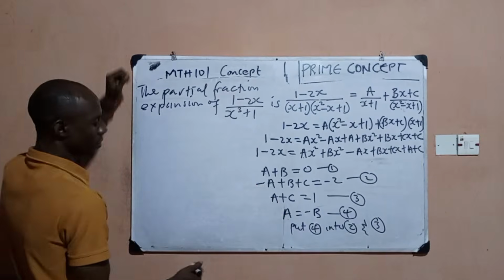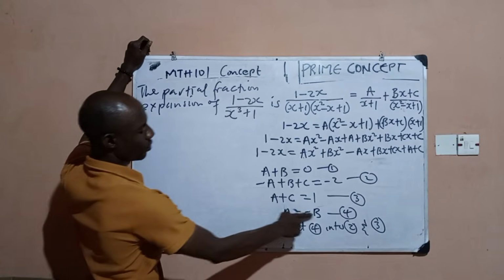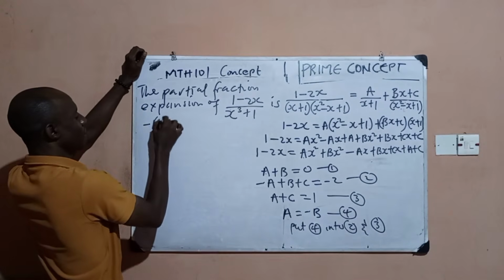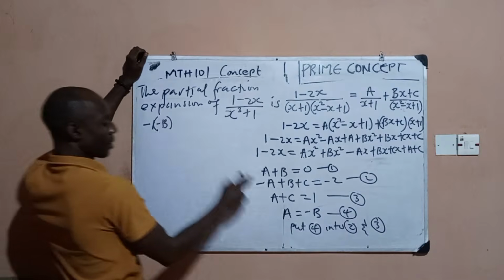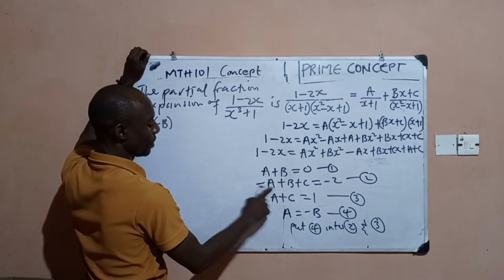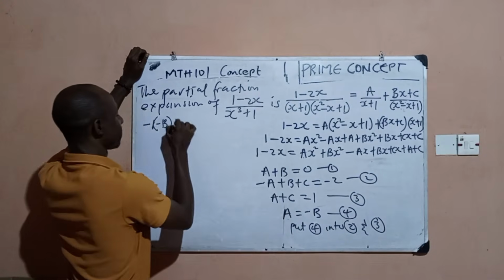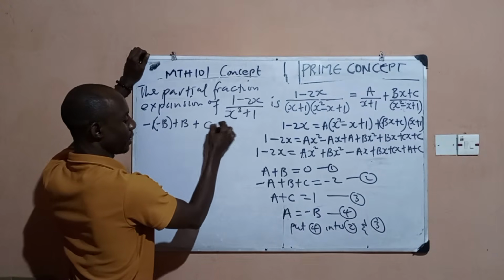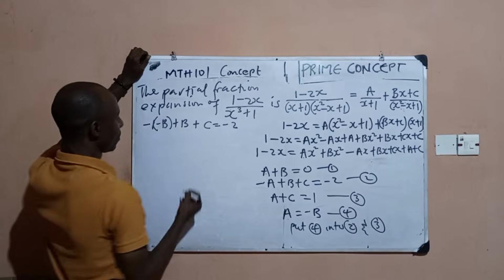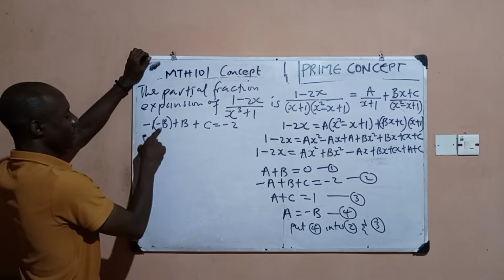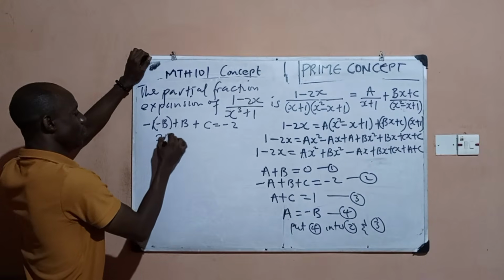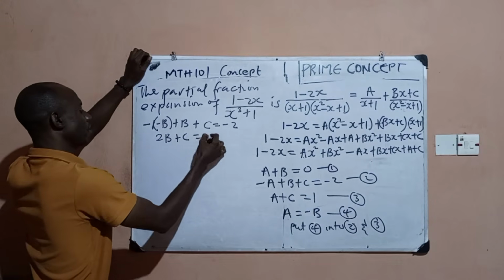In place of a here, I'll put minus b. So I have minus into minus b, which is plus b, plus b, plus c equals minus 2, right? Minus minus is plus, b plus b is 2b plus c equals minus 2.